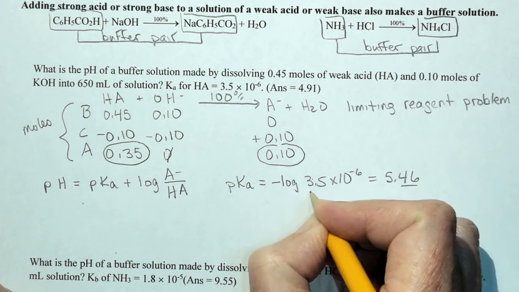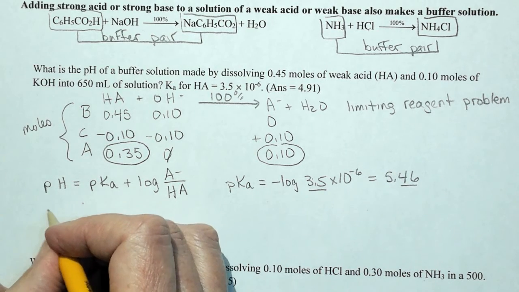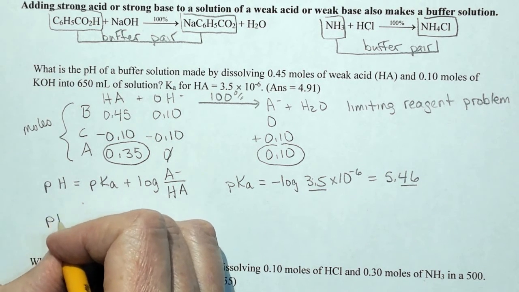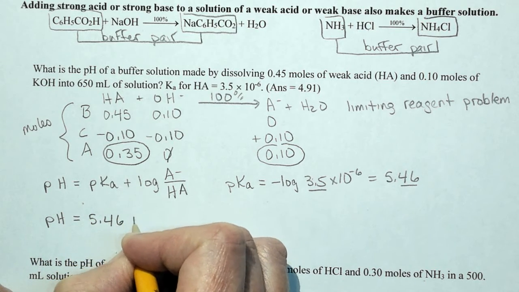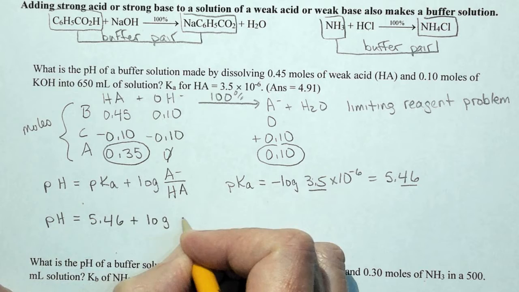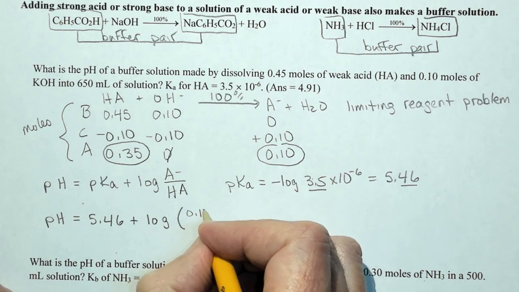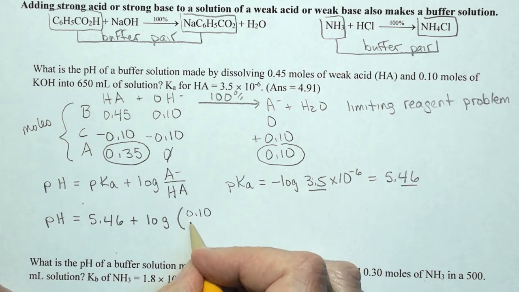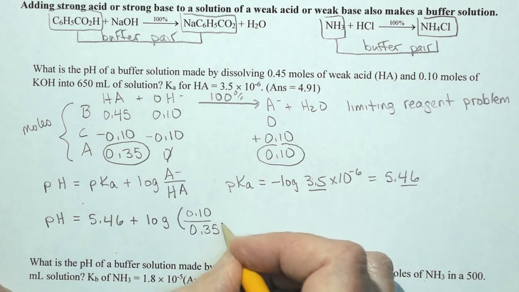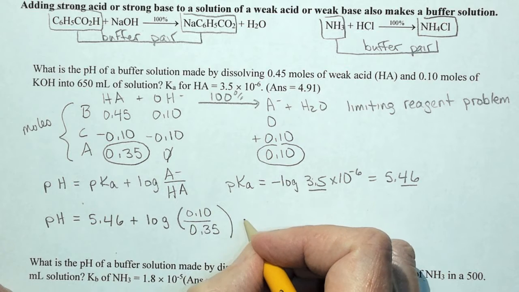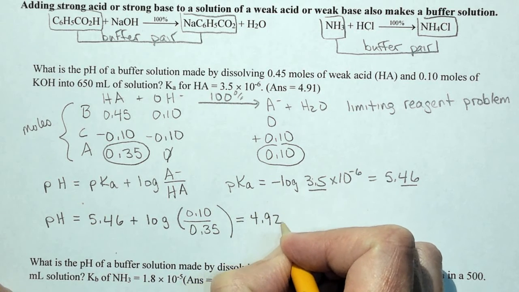Remember, our sig figs are only the numbers after the mantissa. So we plug in. pH equals 5.46 plus the log of 0.10, our A minus, over 0.35. And we solve, and that is 4.92.